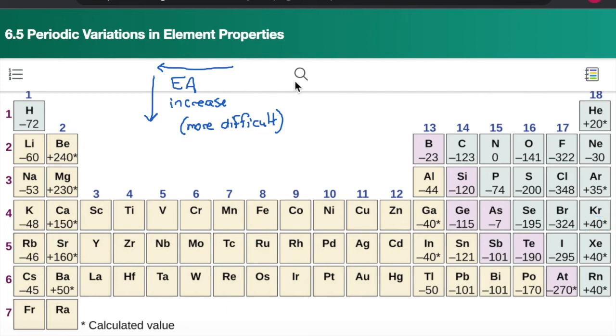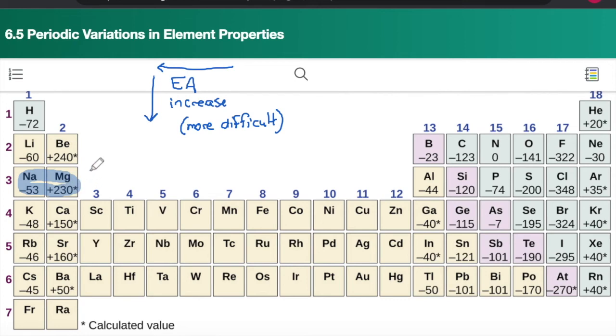So let's take a look at those exceptions that we pointed out. We looked at sodium and magnesium. Adding an electron to the 3s orbital is pretty favorable. You get 53 kilojoules per mole out of that, whereas adding an electron to magnesium is extremely difficult.